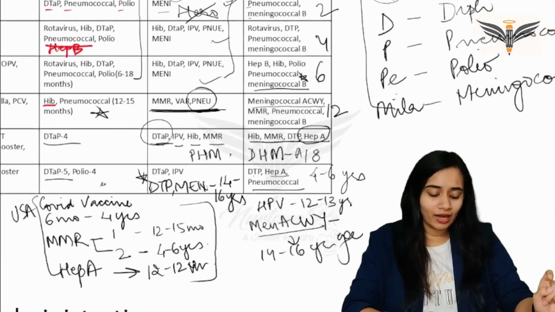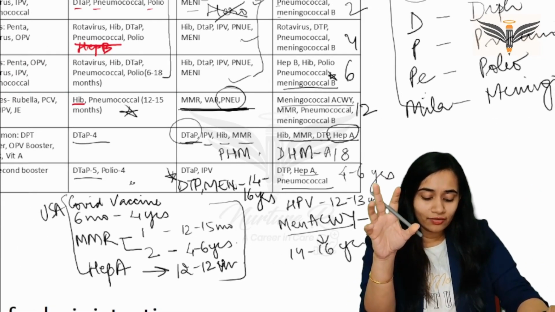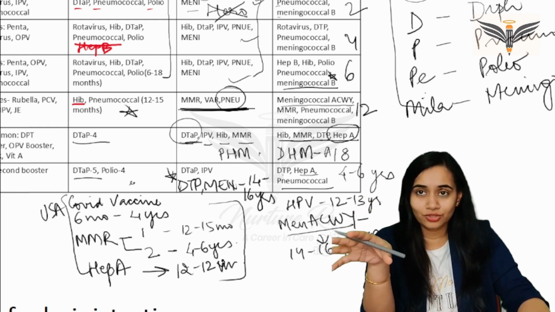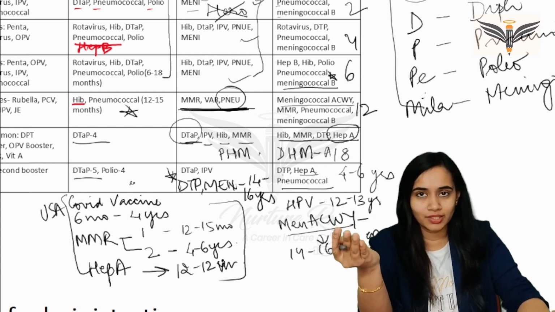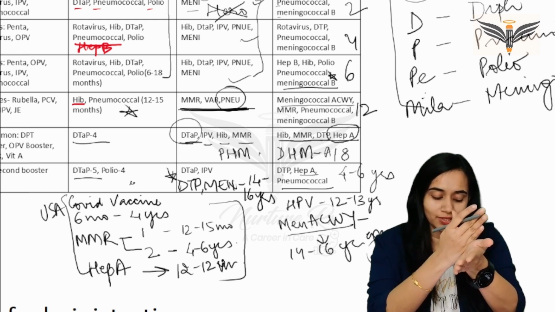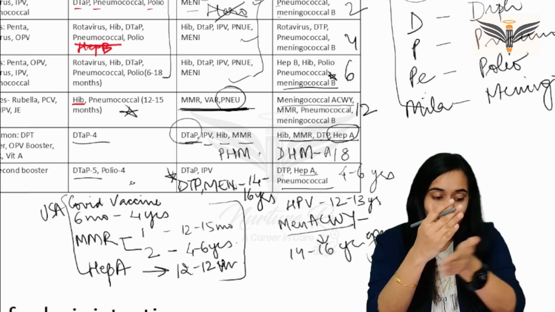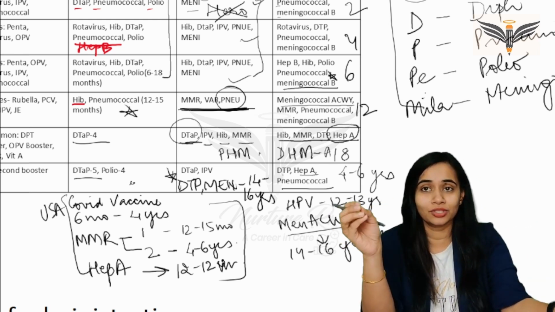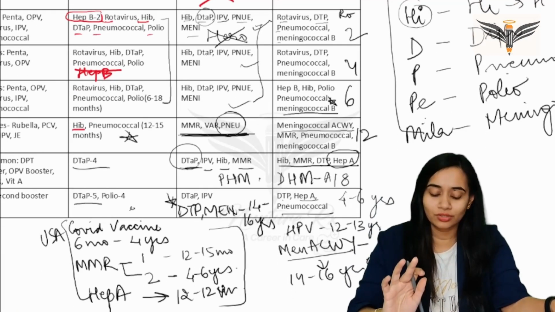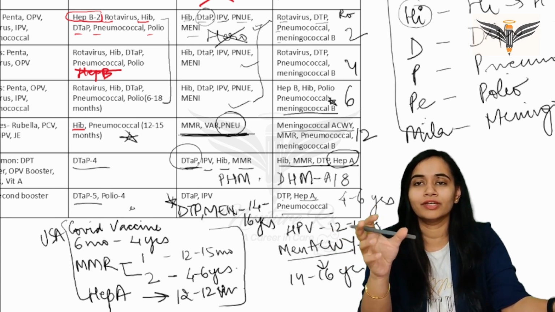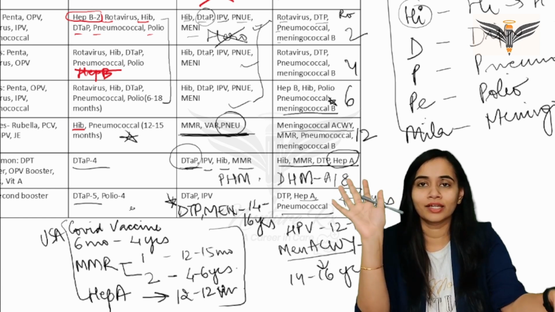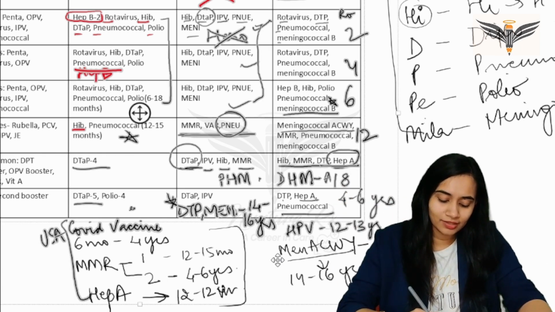So it's not very hard to remember. See, we have meningococcal ACWY given at 14 to 16 years of age and HPV at 12 to 13 years of age. So now we know that if HPV is in the question, so in USA, in Canada, this HPV is given at 9 to 13 years of age, and in Australia, it is given at 12 to 13 years of age. So roughly, you have to remember that at 13 years of age, your HPV vaccine will be given. Okay, and then the other ones are the booster dose.